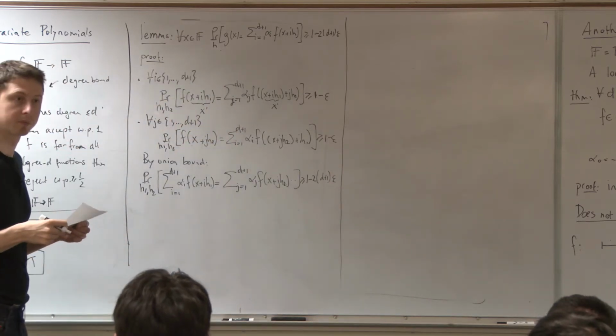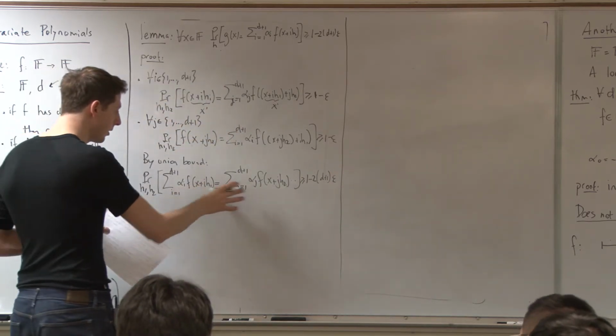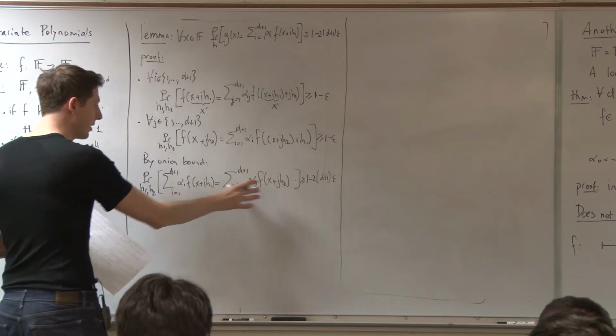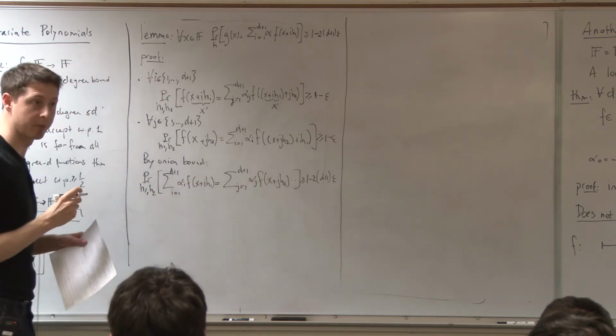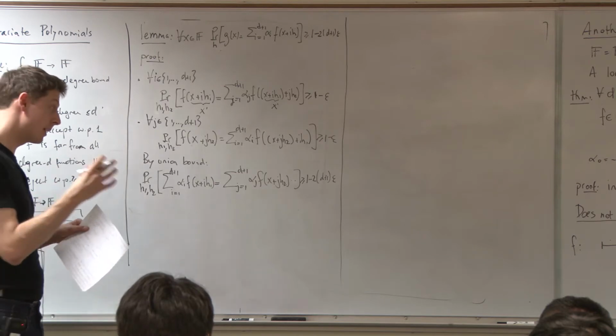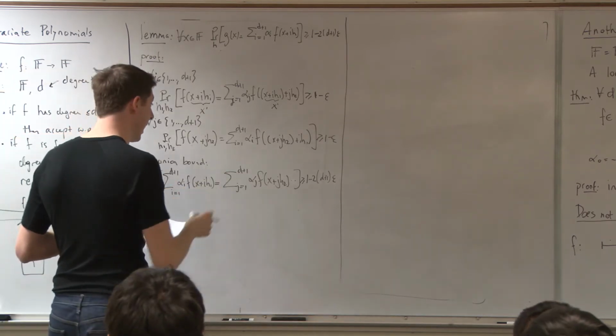So now it's the collision argument. I want to look at the probability that these two things collide over h1 and h2. In the identity testing, we had a similar thing. How do I argue this?